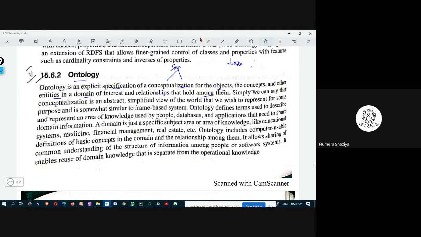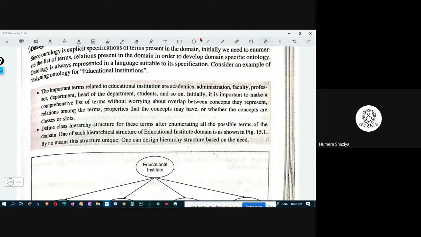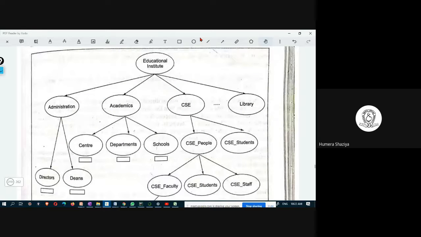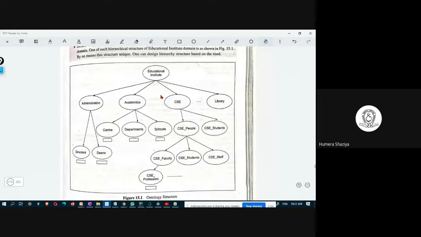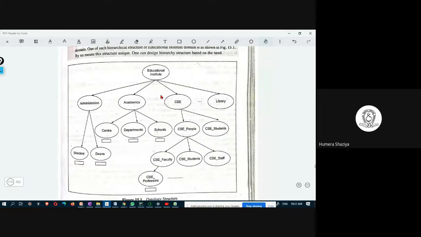Let us look at an example. This is an ontology of an educational institute. In an educational institute, the institute is the topmost element. Within this institute, there are several departments or units. We can find administration to be one unit, academics to be another unit.